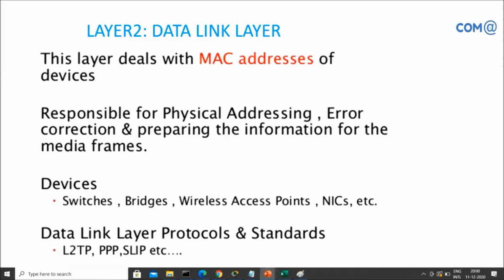So we have an L2 switch separately and an L3 switch separately. If you buy a switch without a console port, that is a non-manageable switch, that is an L2 switch. And if you have a console port, that will be a manageable switch, and mostly that is an L3 switch. So that is how we easily identify whether it is an L2 switch or an L3 switch.